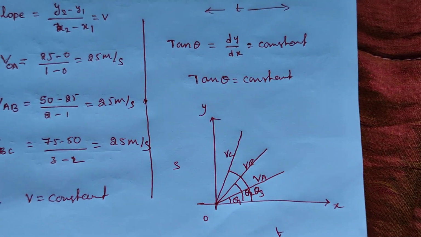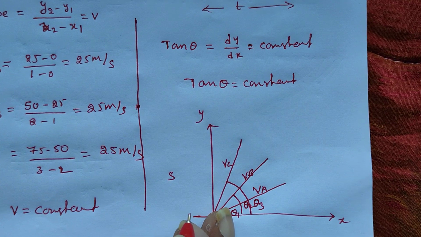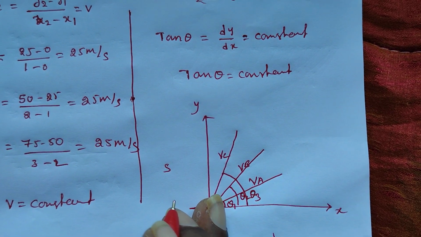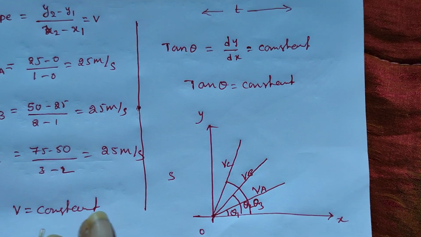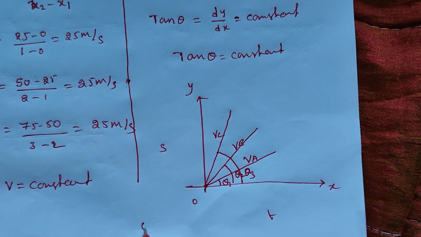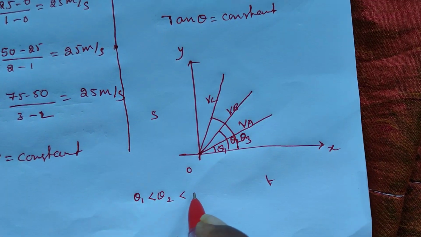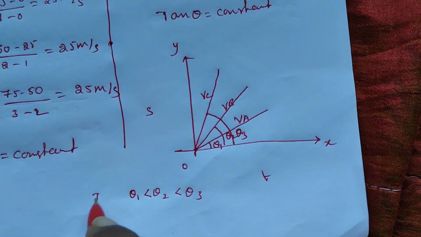Yes or no? Here just identify that as the angle of slope increases, the velocity also increases. Don't forget, velocity also increases. Here theta 1 is less than theta 2 is less than theta 3.